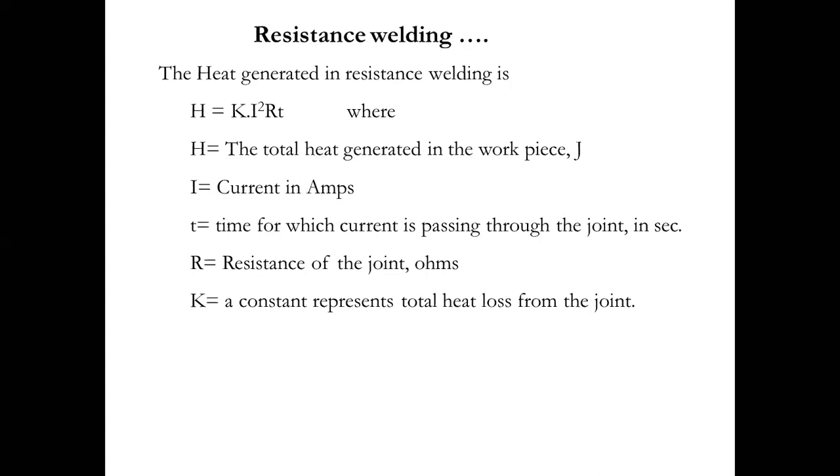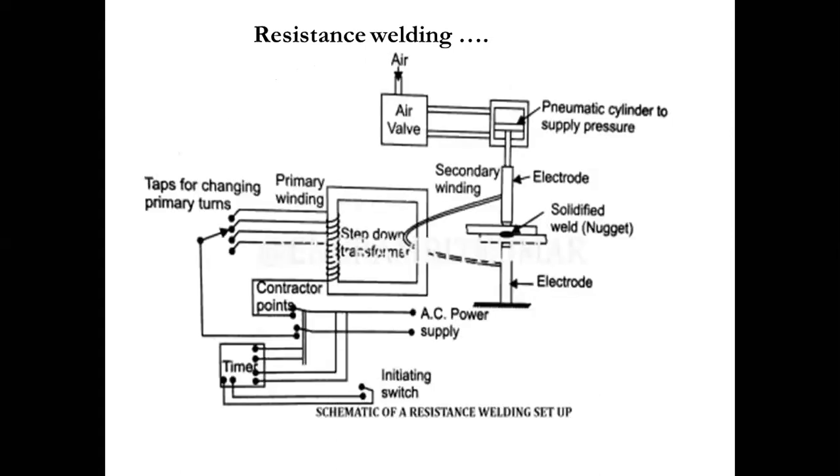Please all of you make a note of it: nugget, N-U-G-G-E-T. It is a welded joint. When I'm using resistance welding, the joint which is formed is called a nugget. R is the resistance, K is the constant, right? So H is equal to K into I squared into R into T, right?